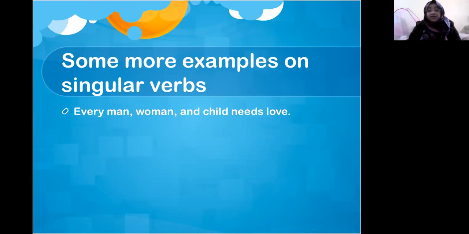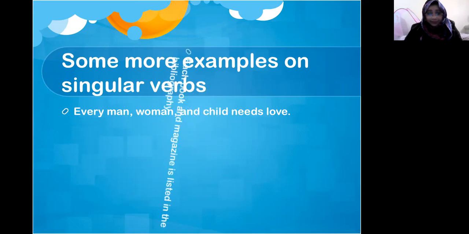Because we are not talking about all of them. We are talking about every individual, either man or woman or child. So if any noun comes with every, we use a singular verb. That is why we have written: every man, woman, and child needs love.